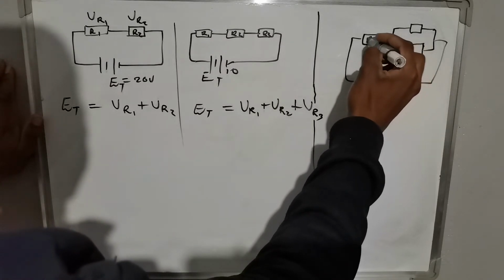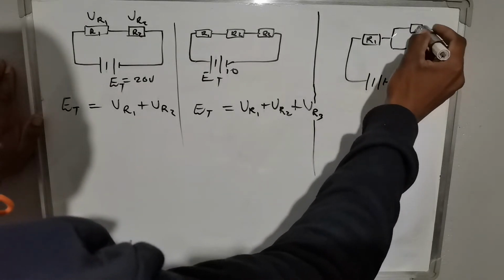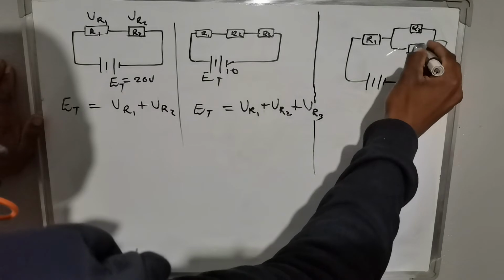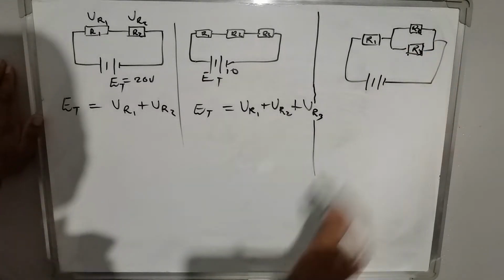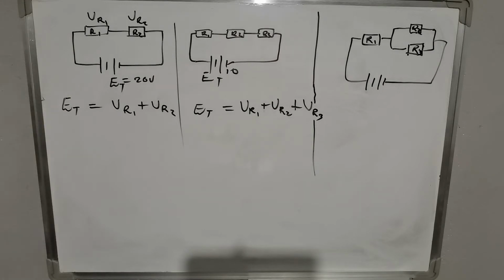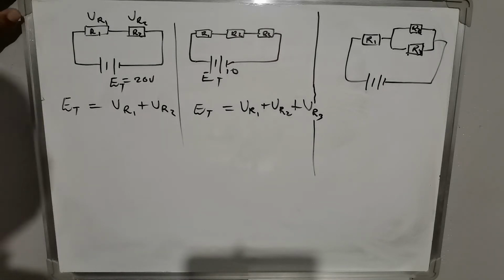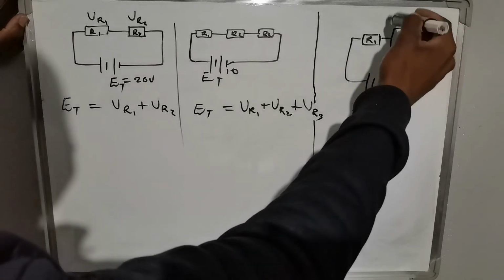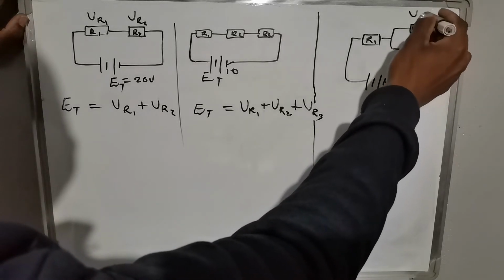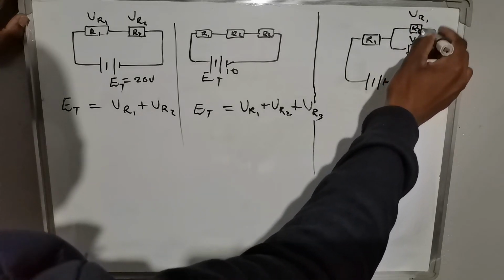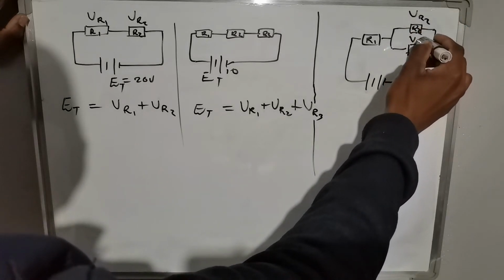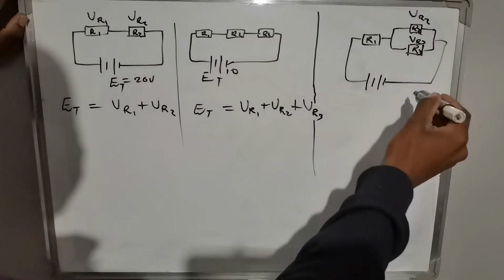Sithi lona R1, R2, R3. Cishe into obungasuyicabange la uma usakhumbula lokho wakufunda kwi-metric ukuthi yeah, there is a volt drop here, VR1, and there is a volt drop, sorry, VR2, and there is a volt drop across VR3.